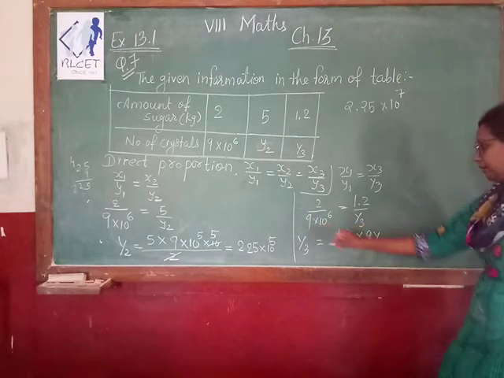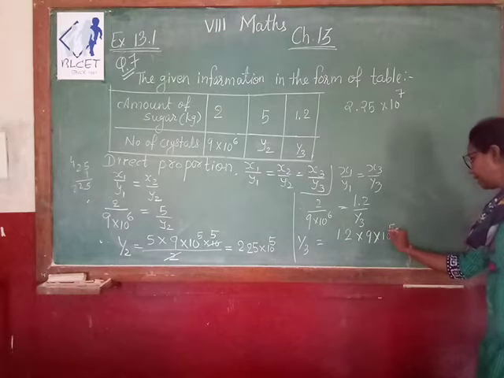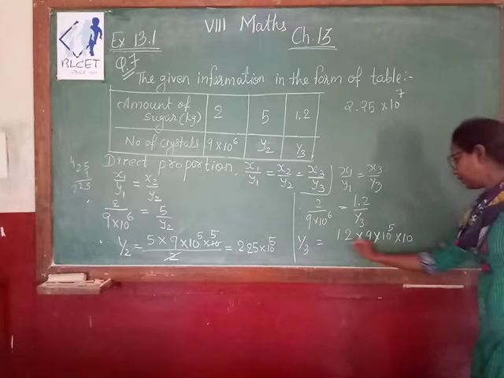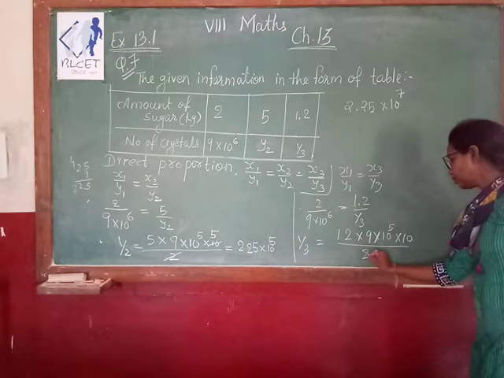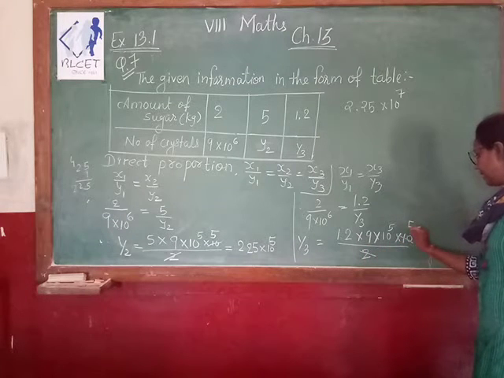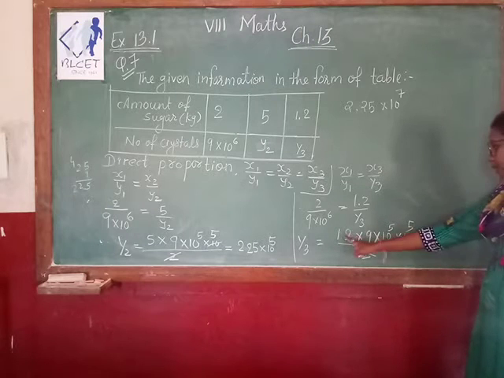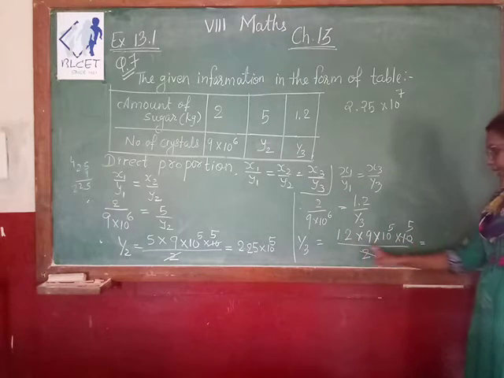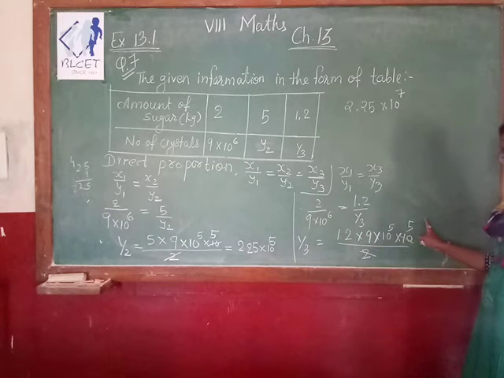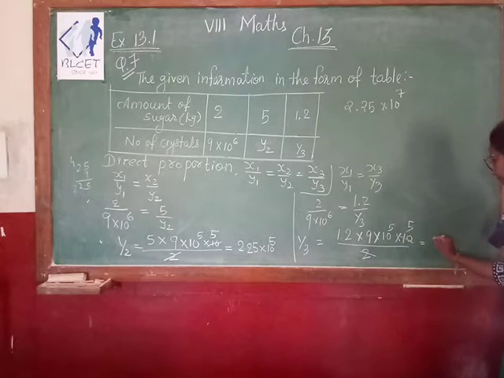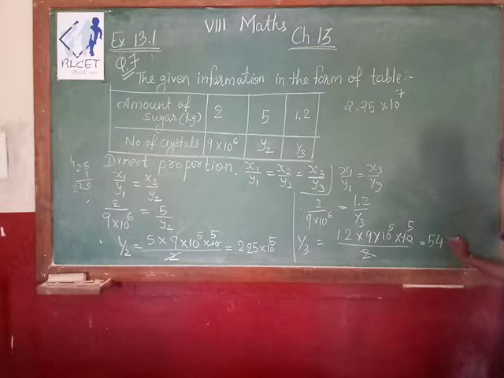Again we do the same method: 10 power 5 into 10 divided by 2. So this will get cancelled. 2 5s are 10. If you solve this, 12 5s are 60, but it is 1.2, so it is 6. And 6 9s are 54. So 54 into 10 power 5.